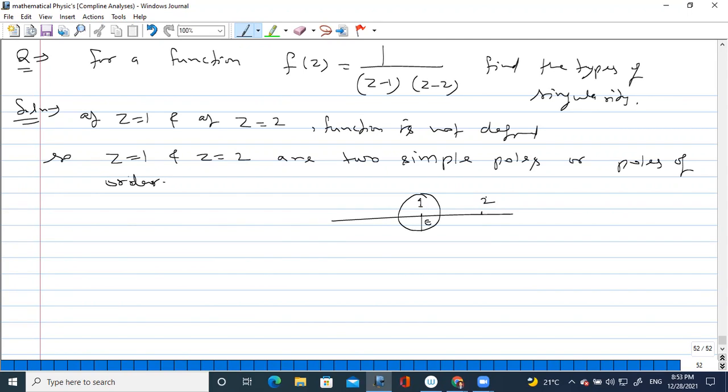No. Again, draw a circle about the other point. Is the other pole coming into this? No. So z equal to 1 and z equal to 2 are isolated singularities. Understood?